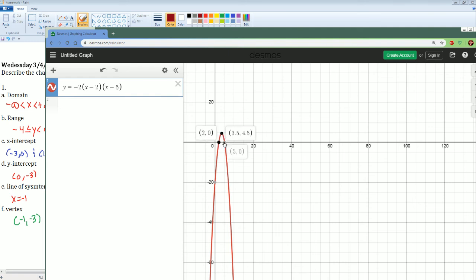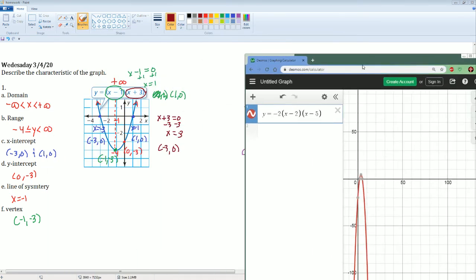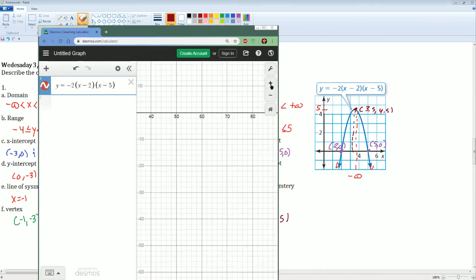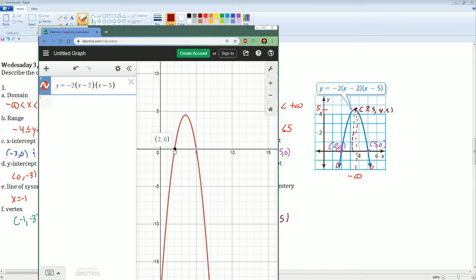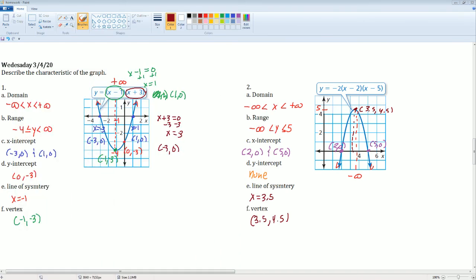And here I even have the lines of symmetry for you to see. Let me zoom in a little more and give you the values. Here's one, here's the second one, and here's the third one. Your two intercepts were correct, and our vertex is also correct.